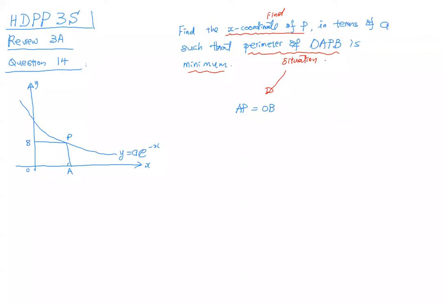So if AP equal to OB, now you tell me, can I solve the problem? Can I find the X coordinate of P for this situation? Yes. Okay, you tell me how.